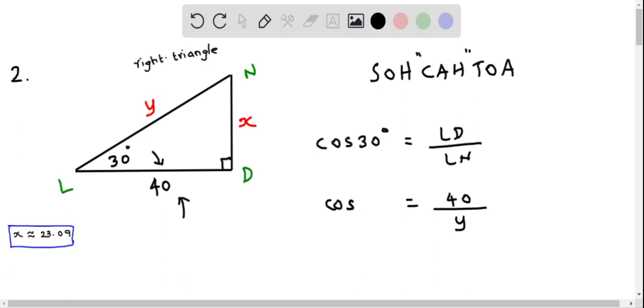So we have this equation: cosine of 30 degrees equals 40 over y. Now let me cross multiply, or I just multiply both sides by y, so that I get y times cos 30 degrees equals 40.